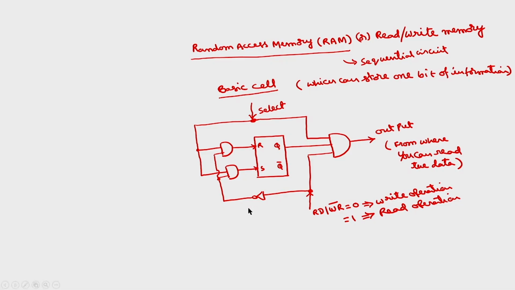This is read by write bar signal, and there will be input signal which will be connected through inverter to this AND gate and directly connected to the other AND gate.